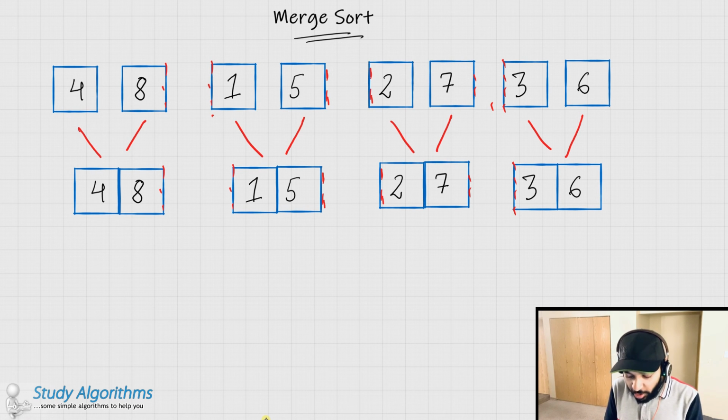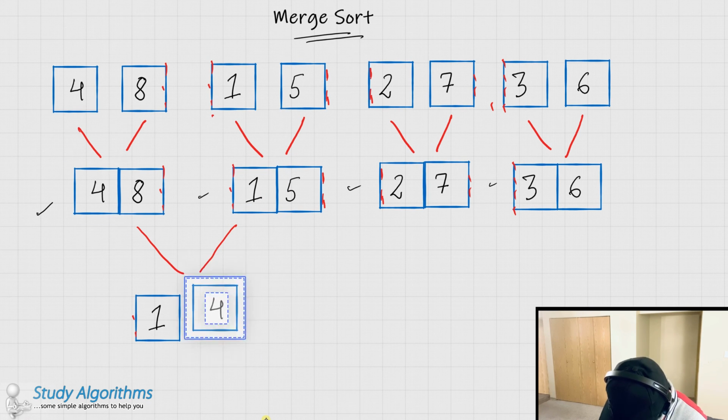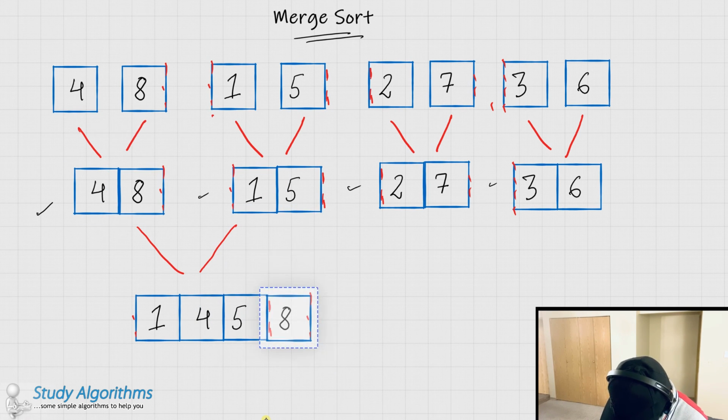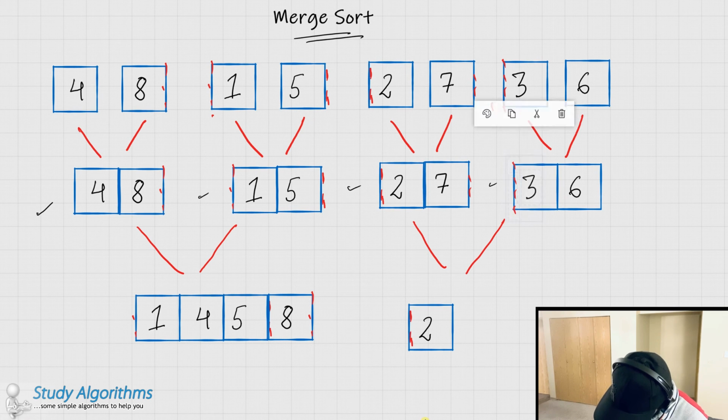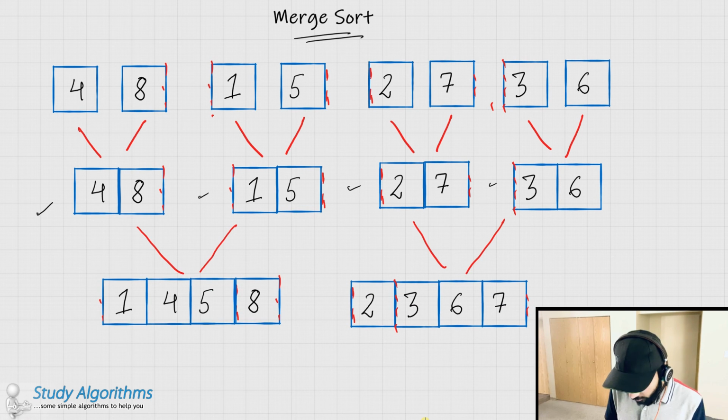Note that each of these small problems is solved in itself. All of them are already sorted. So we will just go on doing it, and let's see what happens further. We are again using the technique to merge two sorted arrays to solve these smaller subproblems. Check the video description if you want to know how to merge two sorted arrays.